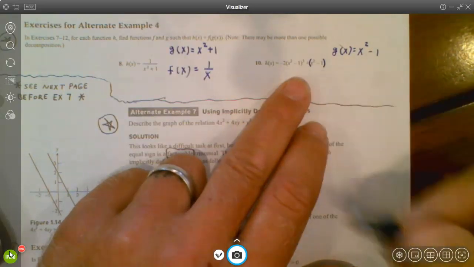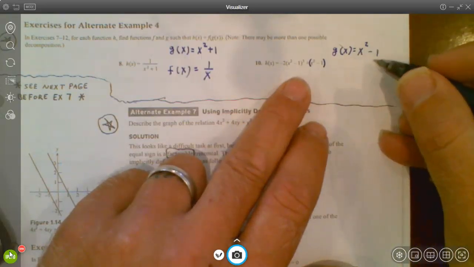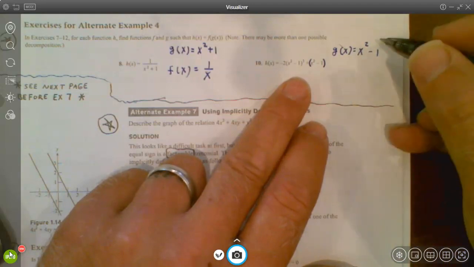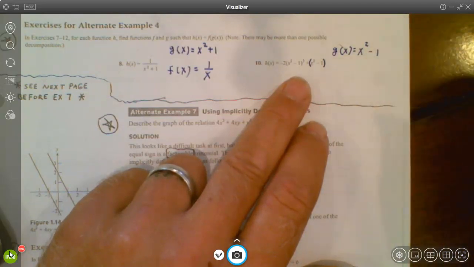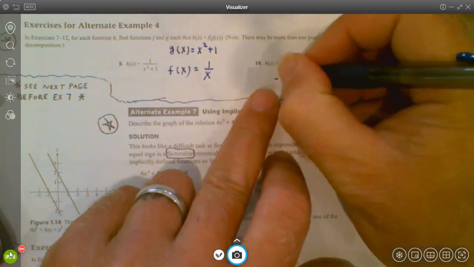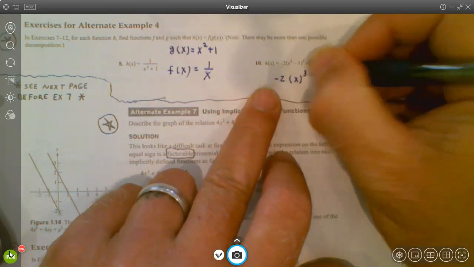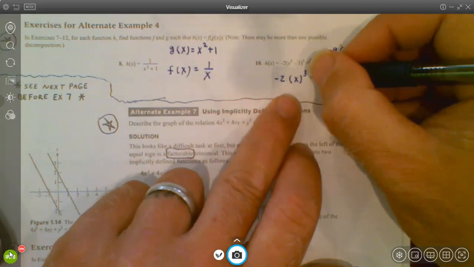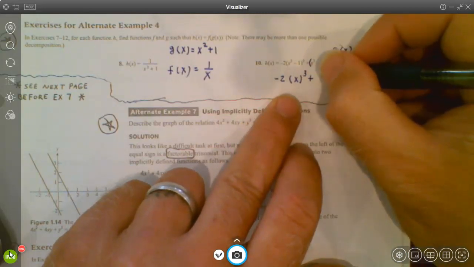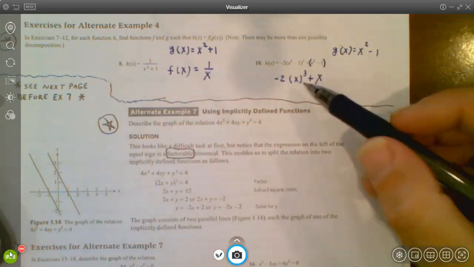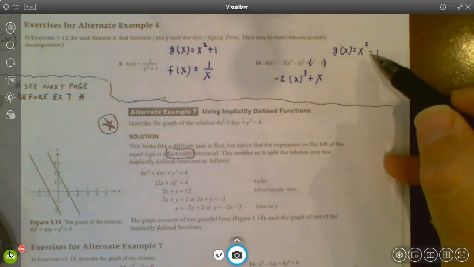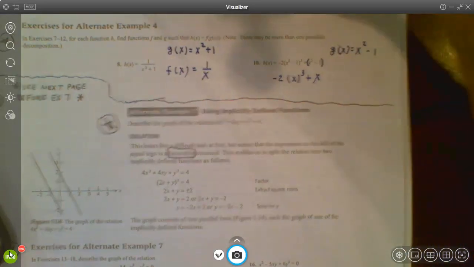So now it's super clear. And what was this subbed in for? So we always put an x where we see that interior function. So we would say negative 2 and then x to the third, and you don't need the parentheses on that, but it's okay to have them, plus x. Right? And so here's the exterior function that this got subbed into. All right.